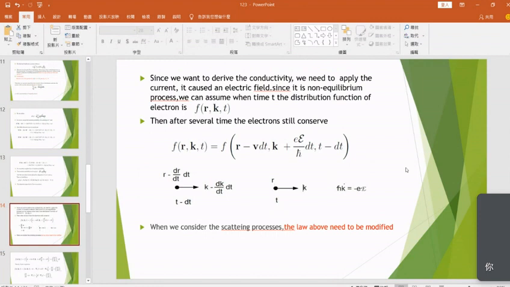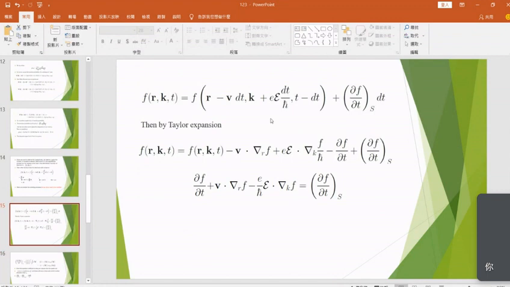It looks like this picture. And we still consider a scattering process, which we need to modify. Because of the scattering process, we need to add this time derivative, and then by Taylor expansion, we get the final equation, which looks like this.